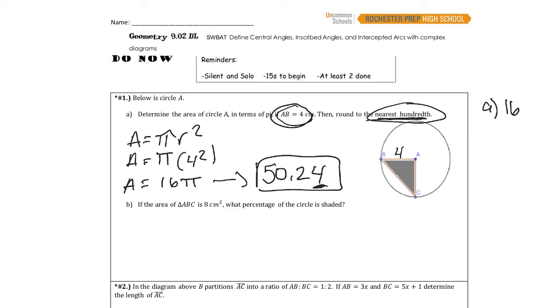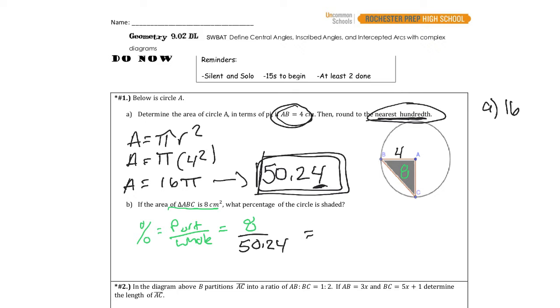Then part B said the area of triangle ABC is 8 centimeters squared. So that's that green part. What percent of the circle is shaded in? Well, percent equals the part out of the whole. So the part that's shaded in is 8, and the whole area from question 1 would be 50.24.